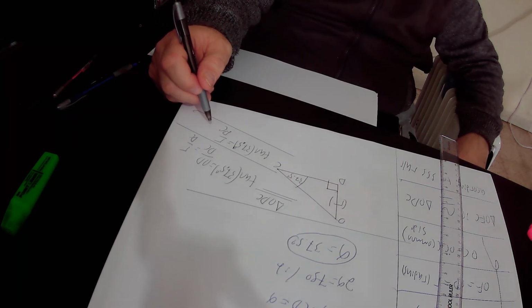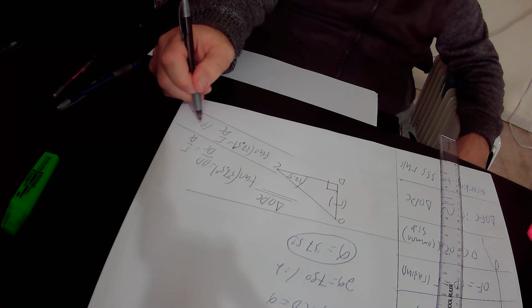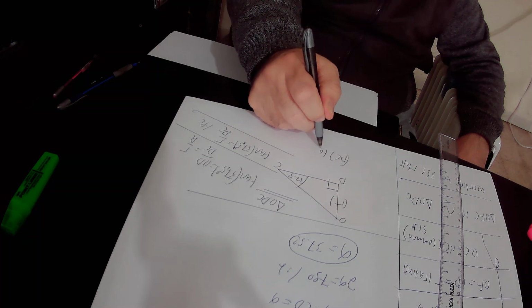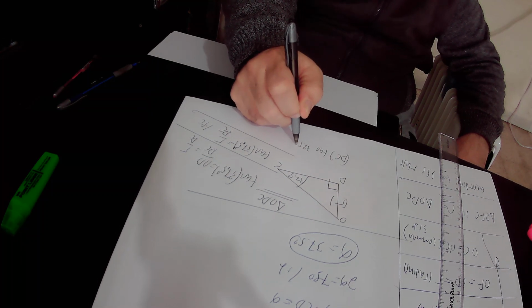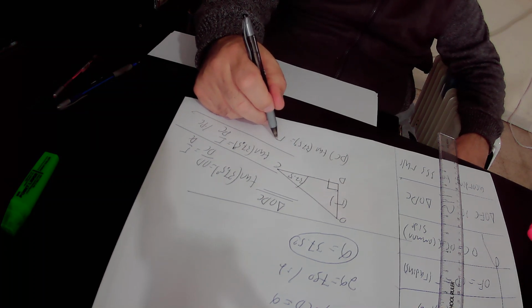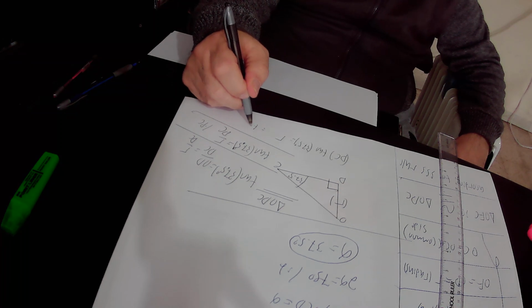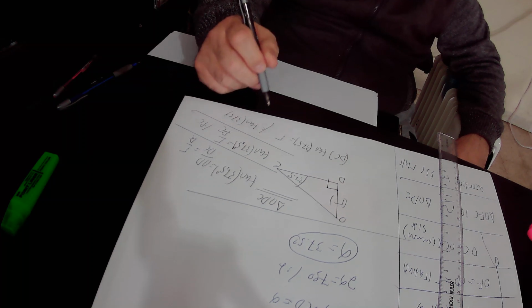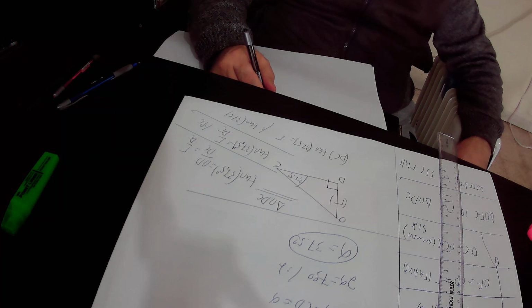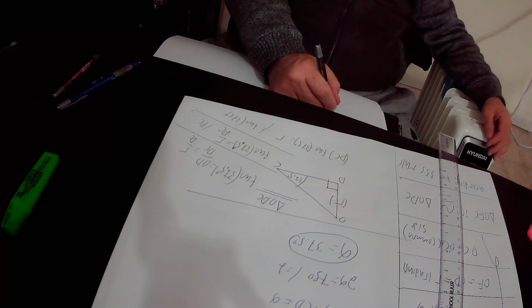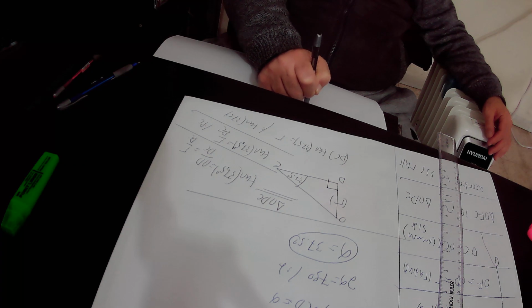Here we multiply this equation by DC and we get that DC times tangent 37.5 degrees equals R. Here we divide this equation by tangent 37.5 degrees and finally we get that DC equals R over tangent 37.5 degrees.